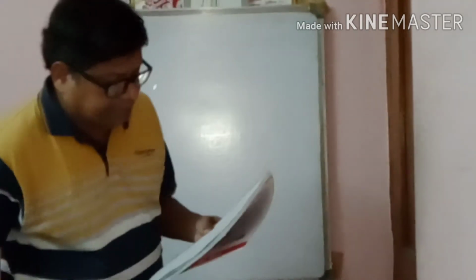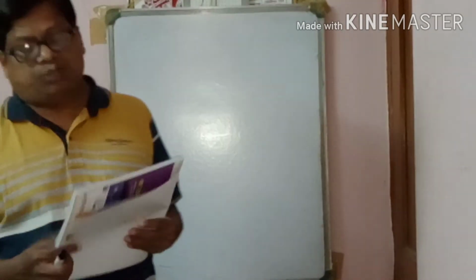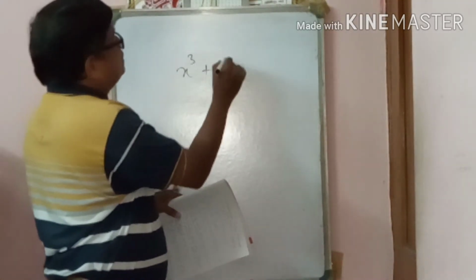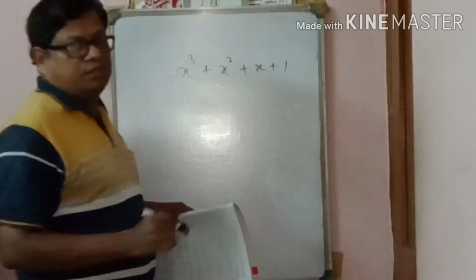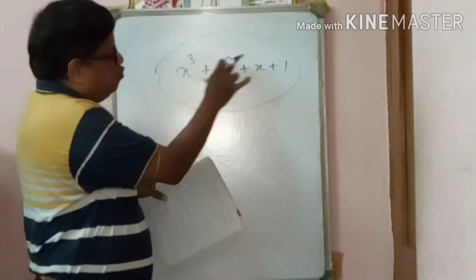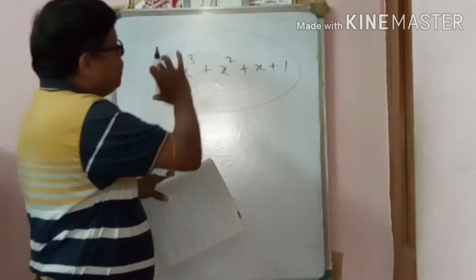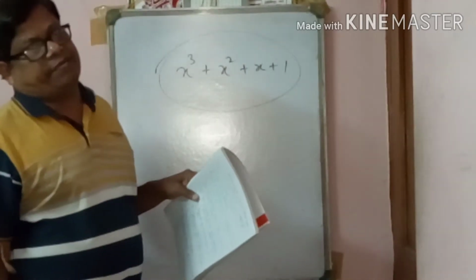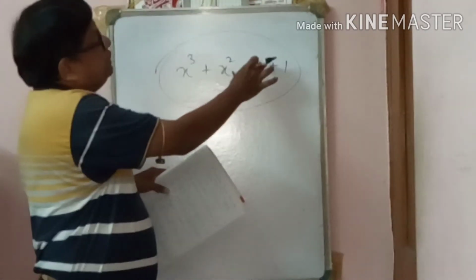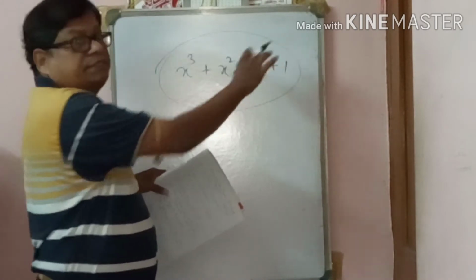Question number 3: the greatest power of the variable in a polynomial is called its dash. Suppose I am writing one polynomial, x cube plus x square plus x plus 1. So it is a polynomial. All the powers, 3, 2, 1, and 0 are non-negative integers.